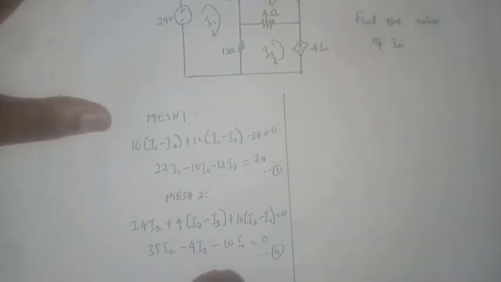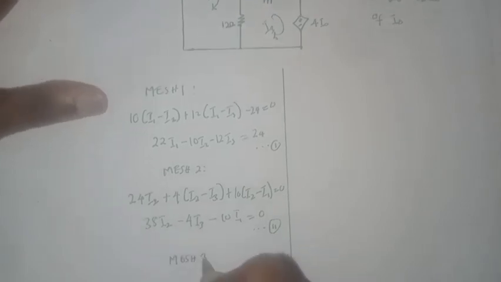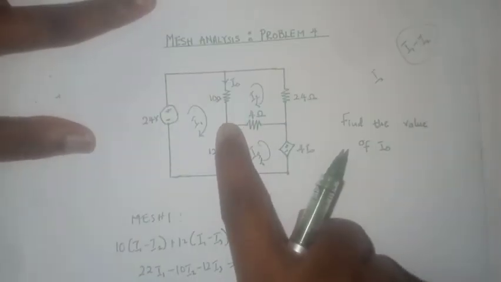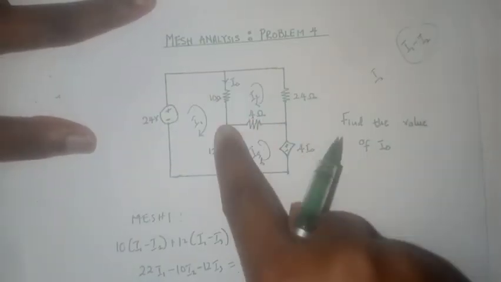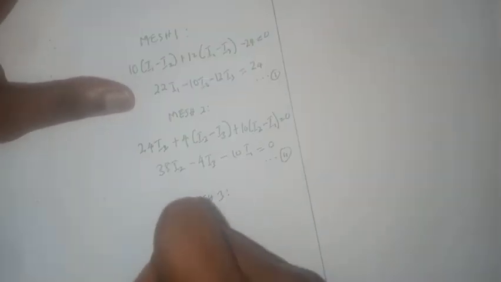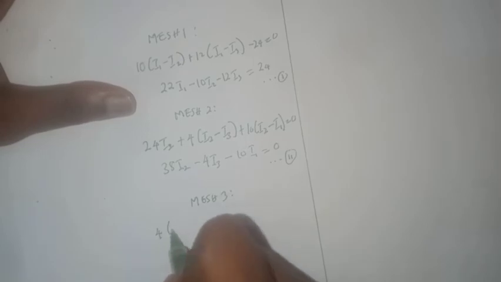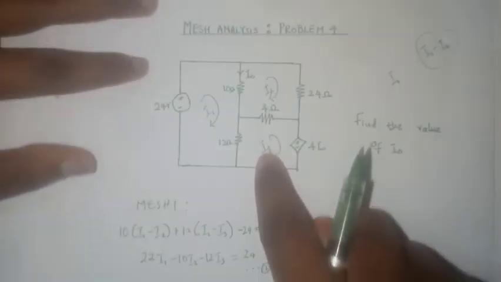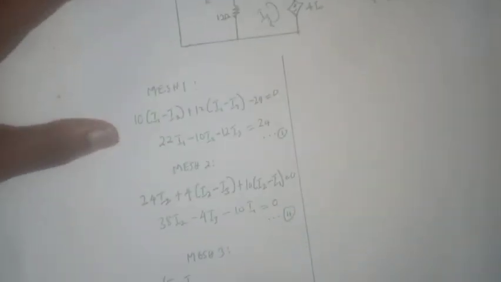So in mesh 3, we start from here and we move like this. We have 4 into I3 minus I2, since I2 is opposing I3 there.